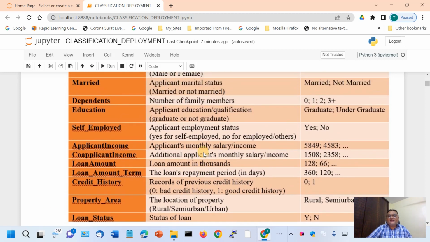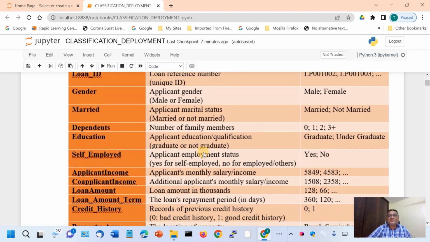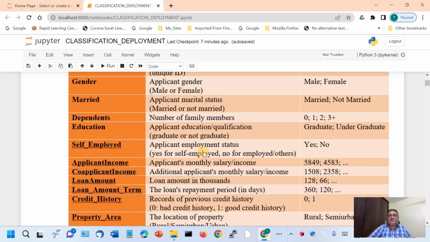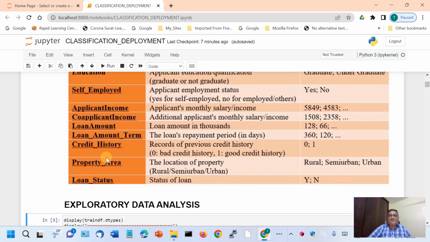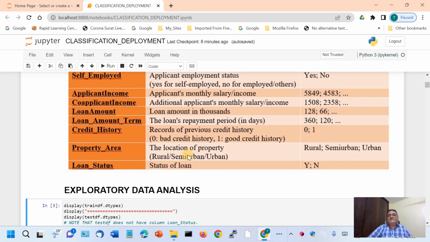So now I can explain what this classification is. Say for one particular person who is approaching the bank for applying for a loan, these are the features, gender and married and all that. He supplies all these details and then asks whether or not I am eligible for a loan.